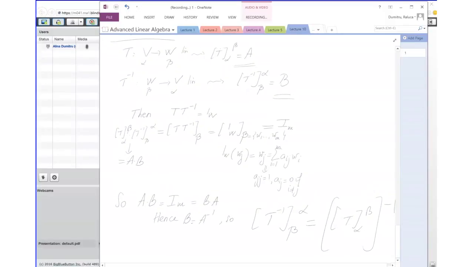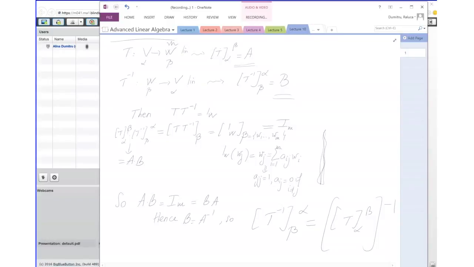Now, a little bit about the dimensions here. In this kind of argument, I said the dimension of W was M. What about the dimension of V? Can I call that N? What's going on here?